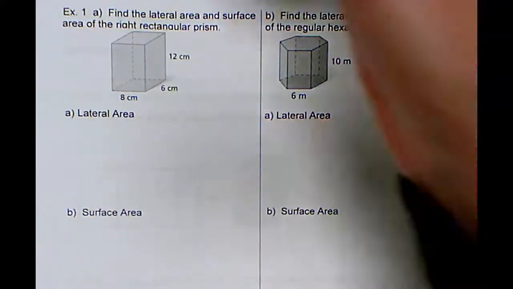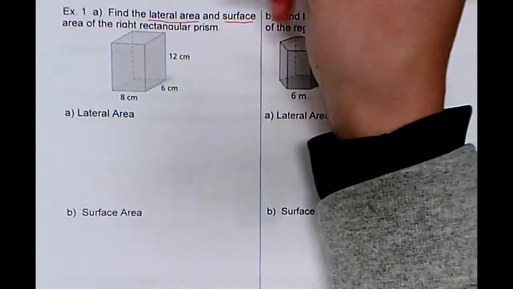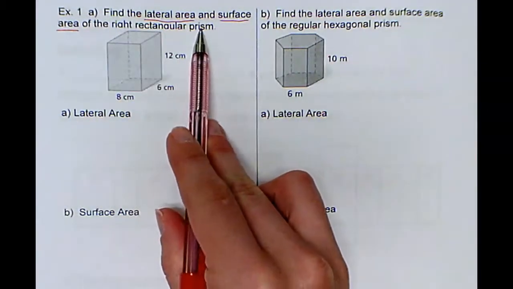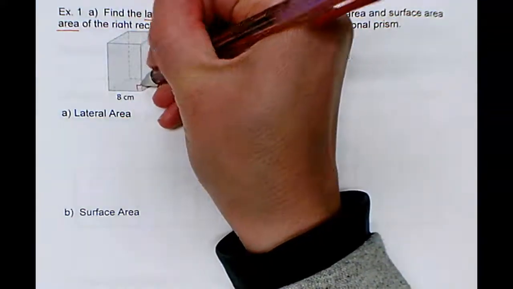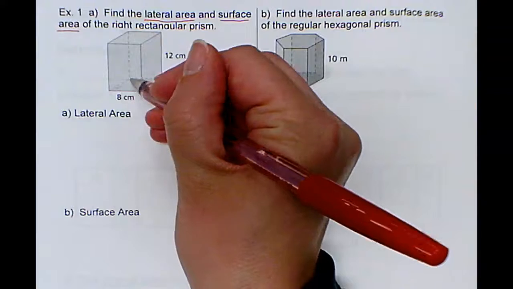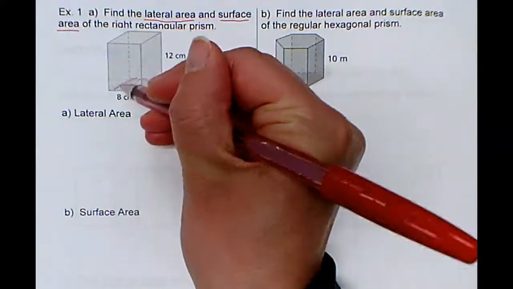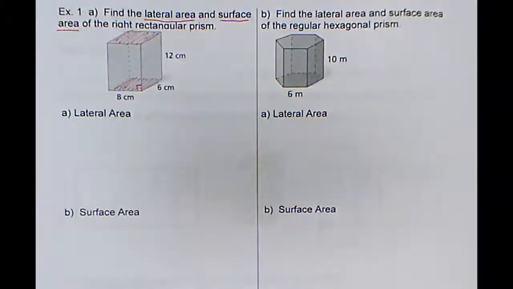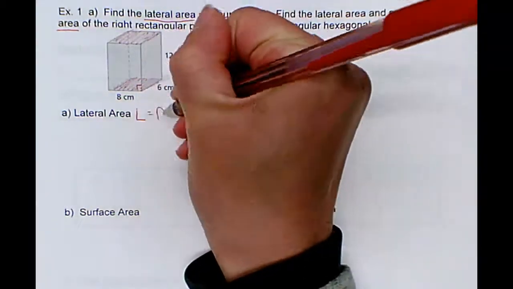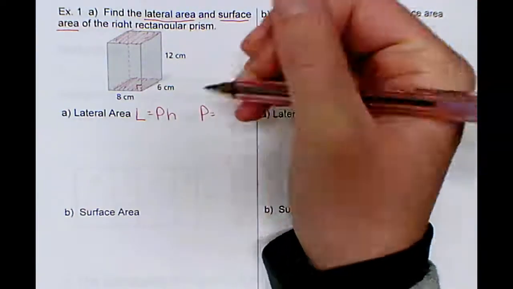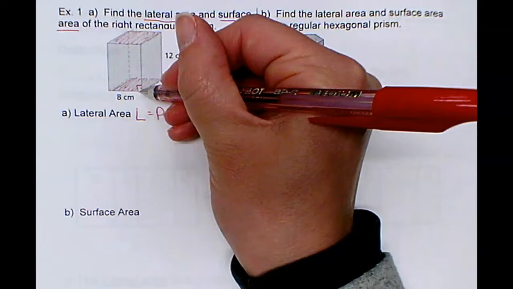Example 1 says find the lateral area and surface area, so both of them, of the right rectangular prism. So we know that this is a right angle and this is a rectangular prism. I'm going to go ahead and shade my bases. So here's a base and here's a base. The formula for the lateral area is the perimeter of the base times the height. Well, the perimeter of the base is 2 times the length plus 2 times the width.